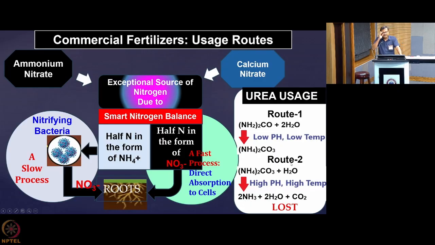So the usage of urea depends on the pH level and the temperature of the field. The formation of nitrate from the applied urea depends on the pH and the temperature of the field.